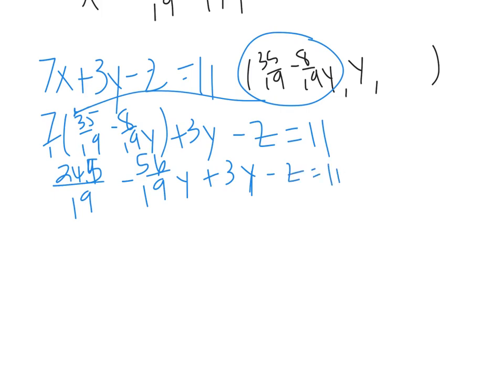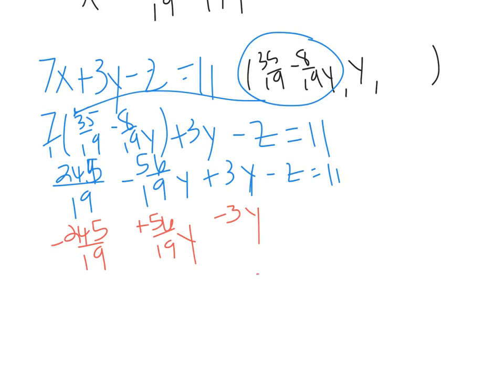So we need to solve for z. So everything else needs to go to the other side. So that means I need to subtract 245/19. I need to add 56/19 y. And I need to subtract 3y and put it all on the other side.